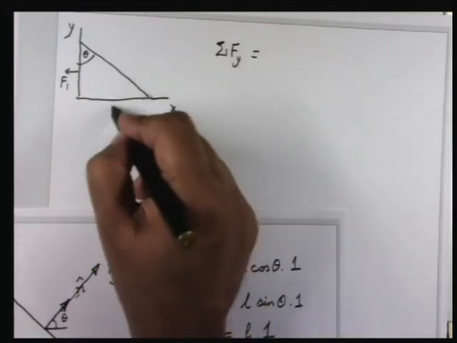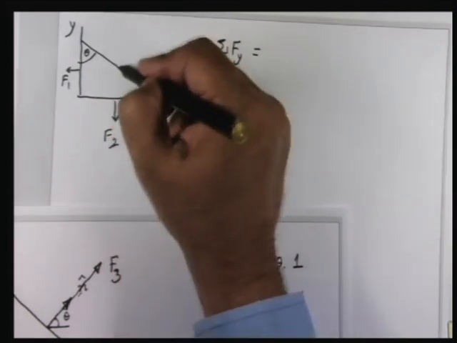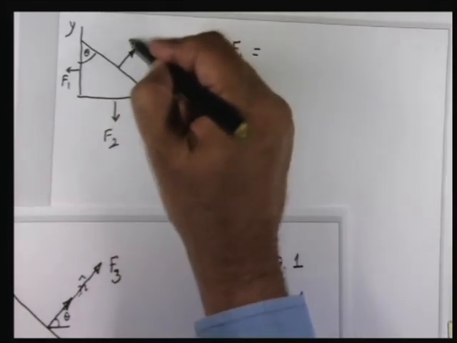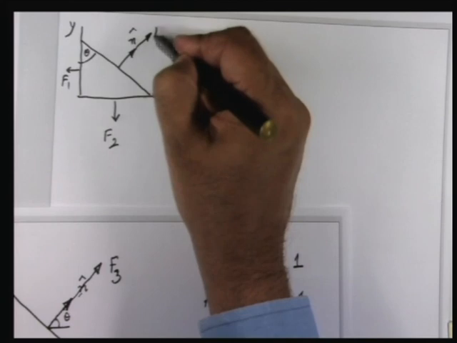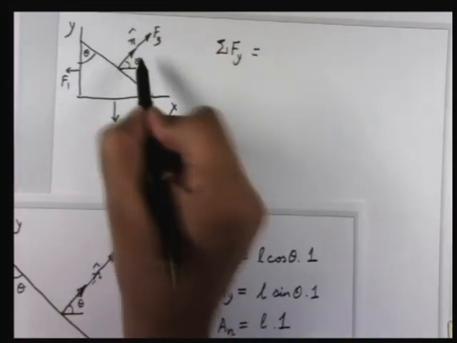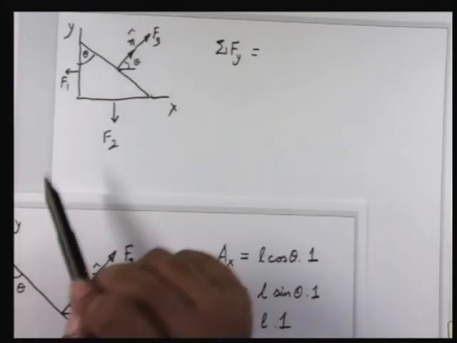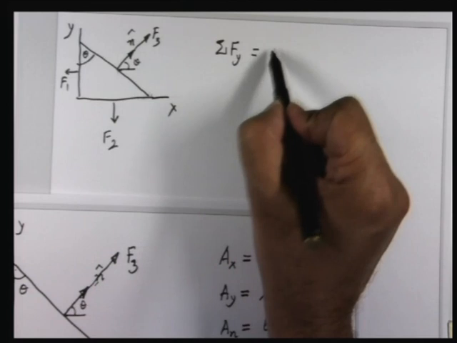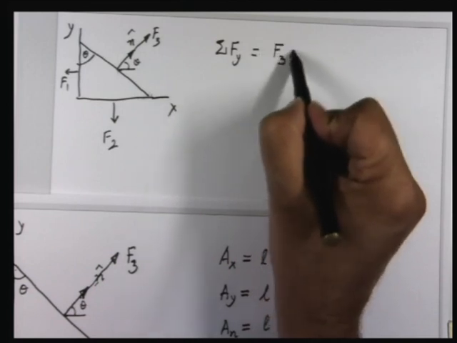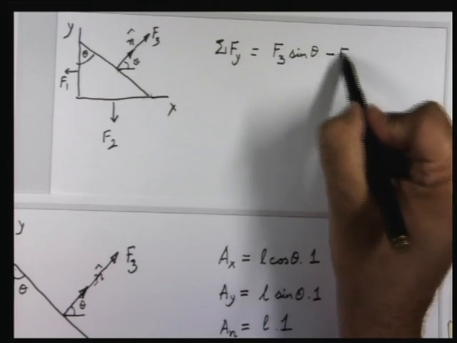So this force on this surface I call F2, and the force here in this direction I call F3. Now if this angle is theta, then F3 will have a component in the vertical direction which is F3 sin theta. So you are going to have F3 sin theta minus F2.